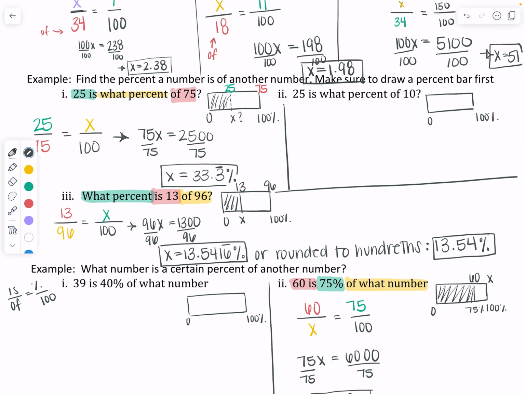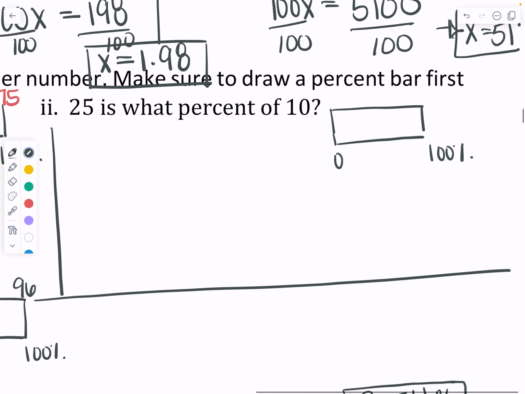All right, the next one says 25 is what percent of 10? Okay, so I have 25 is what percent, that's my unknown, of 10.